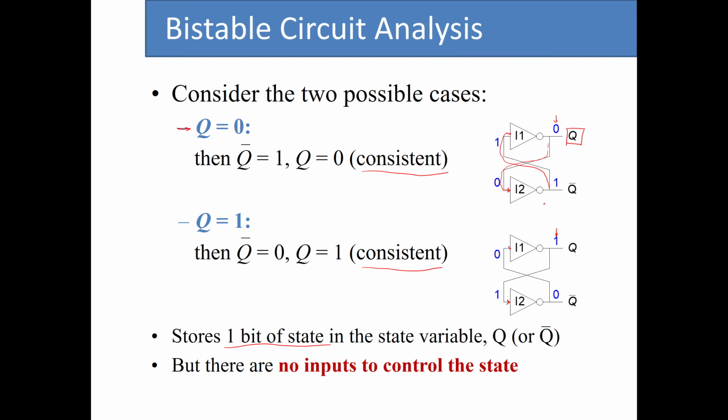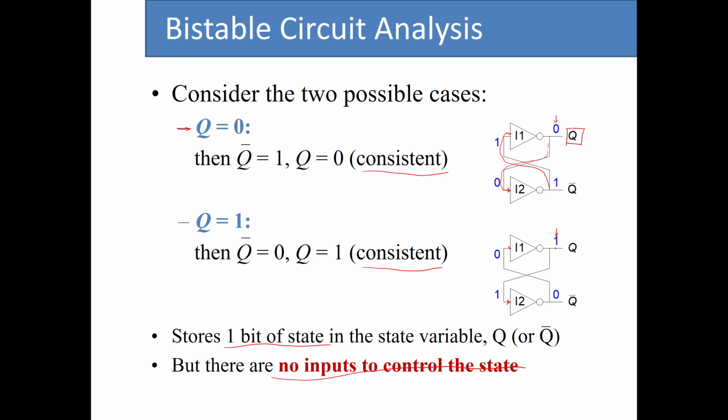Because we don't have any inputs to our circuit, it is very hard to control. We don't have any say on what value is being saved, because we don't provide any input. For whatever reason, maybe some noise, Q becomes 0 and then it stays at 0, or it becomes 1 and then it stays at 1.